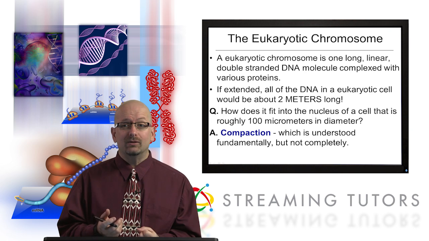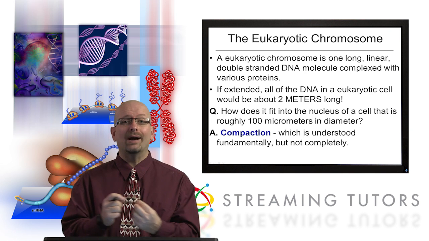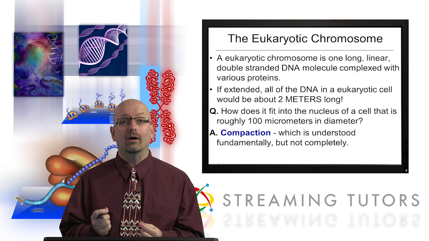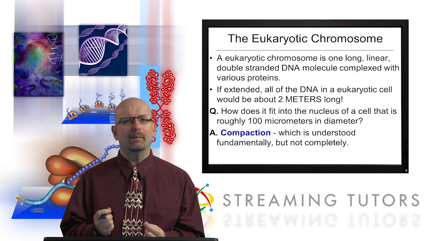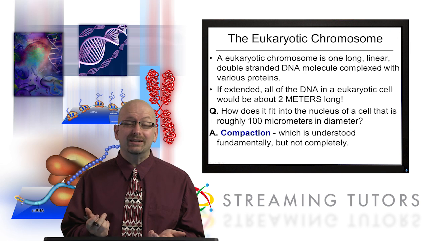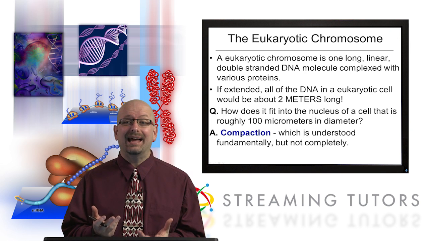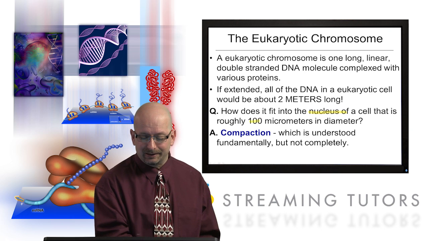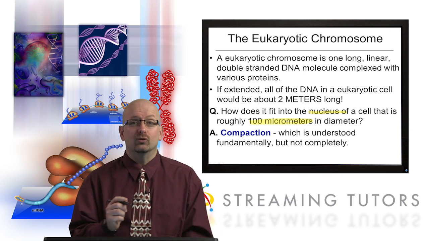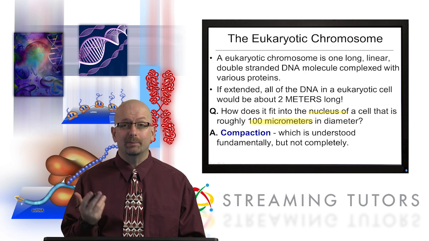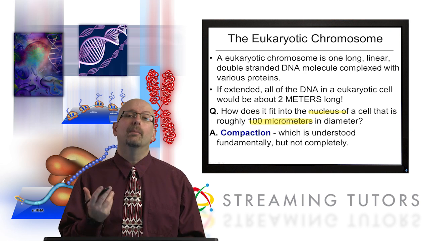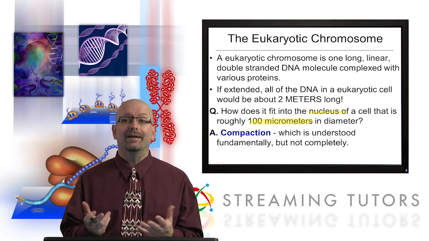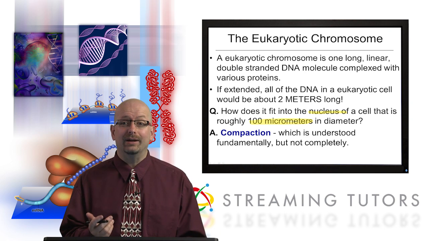But the estimate is that if you took all the DNA and unwound it and just extended it out, that would be about 2 meters long, which is taller than me and probably most of you. Obviously, you have to explain how that could fit into the nucleus of a cell that might be 100 micrometers in diameter, might even be smaller depending on the eukaryotic cell. But obviously the length of the chromosome is much greater than the length of the cell that it's in.